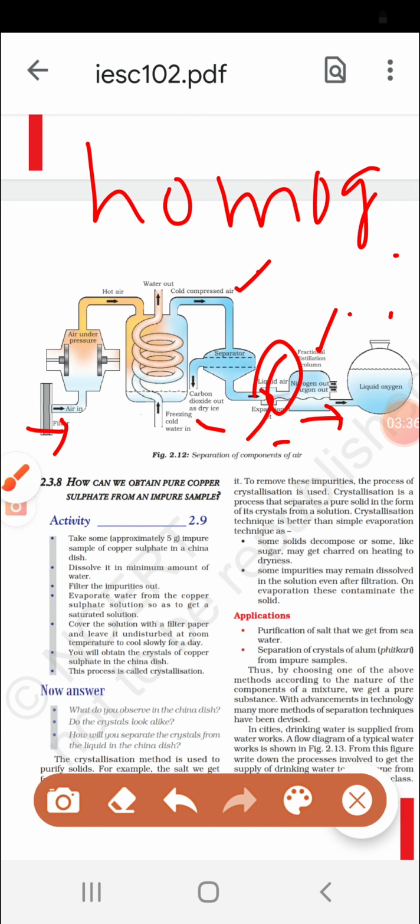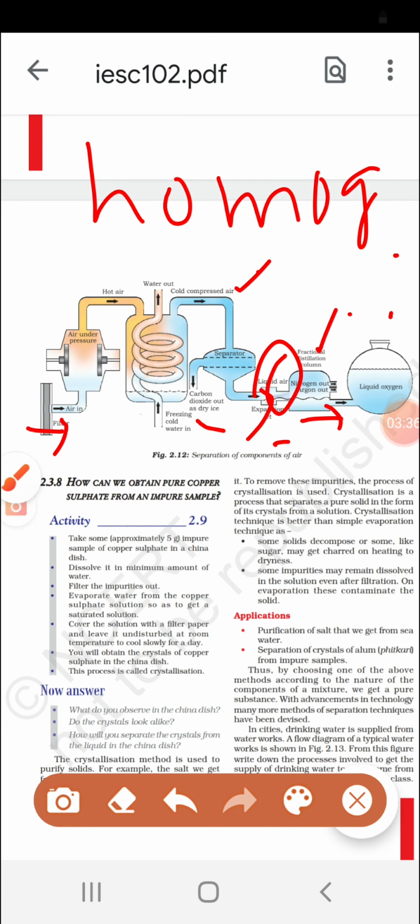Then the next boiling point is that of argon, which is higher than nitrogen, that is minus 186 degrees Celsius. So liquid argon boils off and gets collected as argon gas.